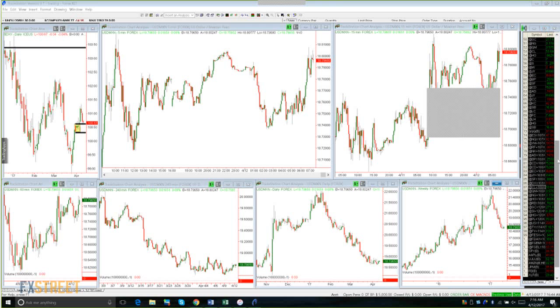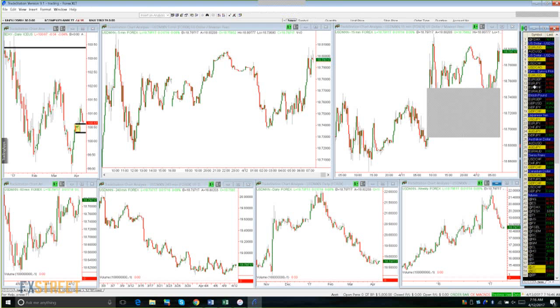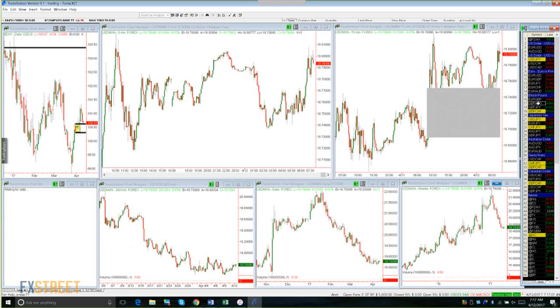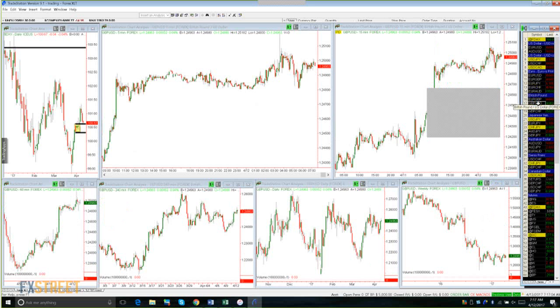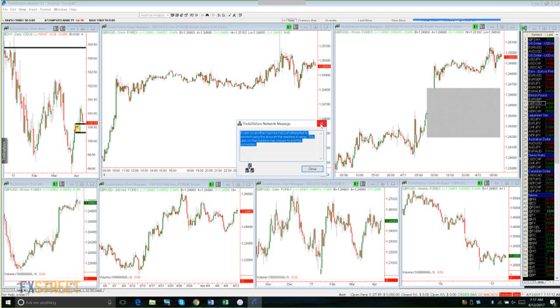Yeah, we can look at the pound. Let's take a look. Let me go up here to the spot pound. Just lost connection here.